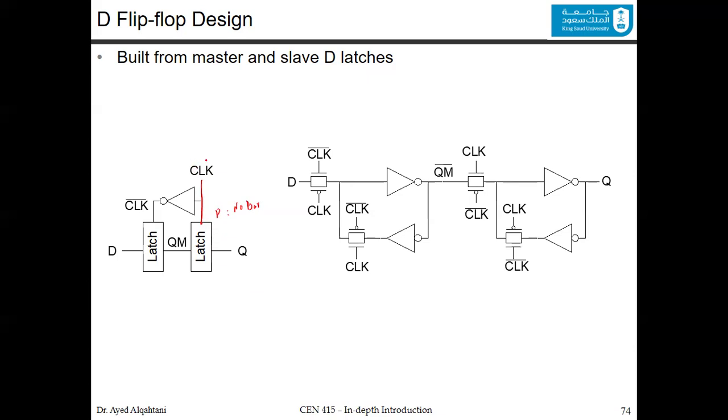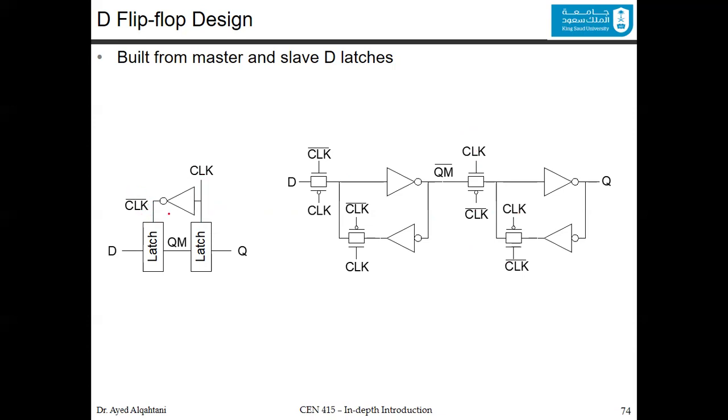Now, if there is a clock bar, then it is negative edge trigger. Now, in this case, we have a clock going to the second latch. This is why we have clock, clock bar, clock, clock bar. And because of this, we have a positive edge trigger. And since we have a clock here, after the inversion, we have clock bar.